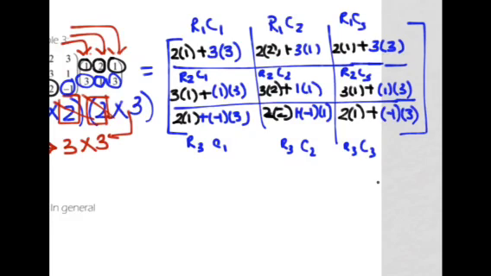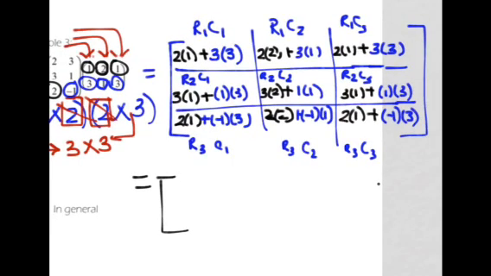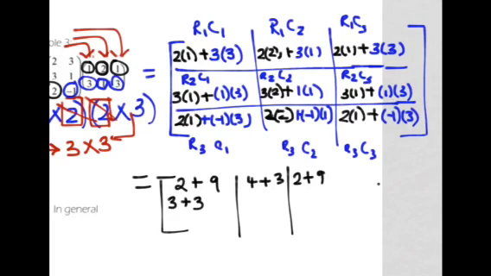Simplifying all of that: 2 plus 9, 4 plus 3, 2 plus 9, 3 plus 3, 6 plus 1, 3 plus 3, 2 minus 3, 4 minus 1, 2 minus 3.